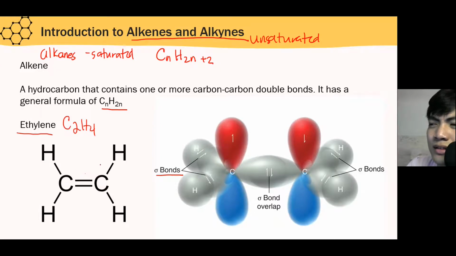In our case, this is a sigma bond to the hydrogen, this is a sigma bond to the hydrogen here, and the sigma bond to the carbon there. How about this electron here? That electron is called the pi bond. So that's the pi bond.